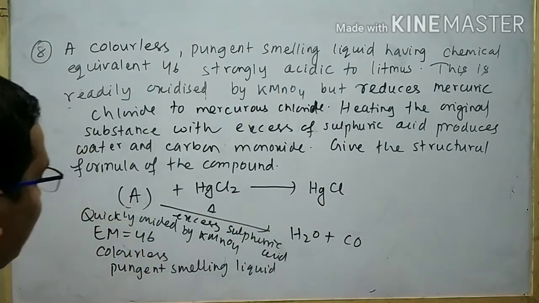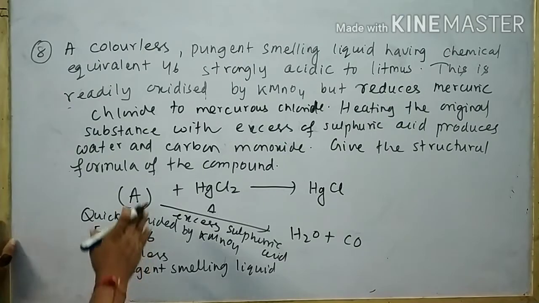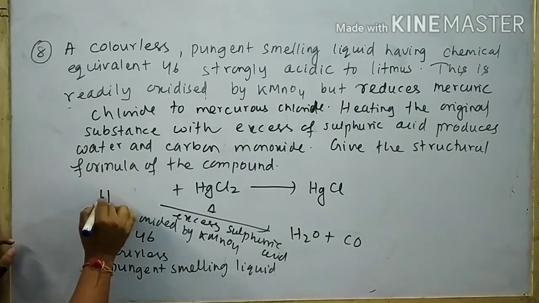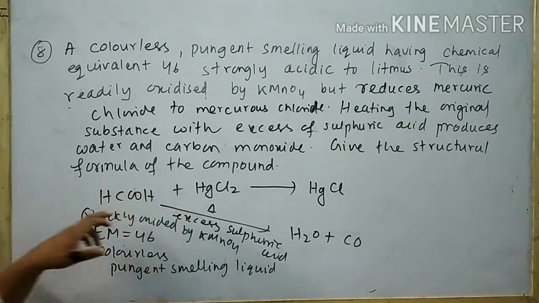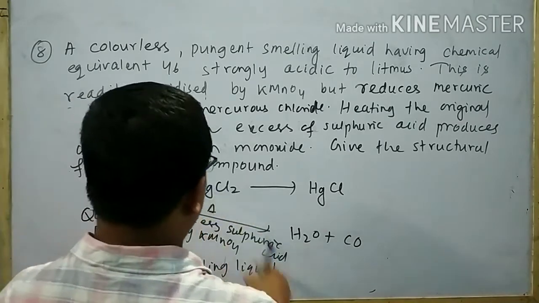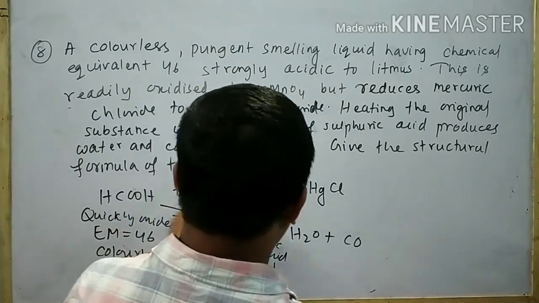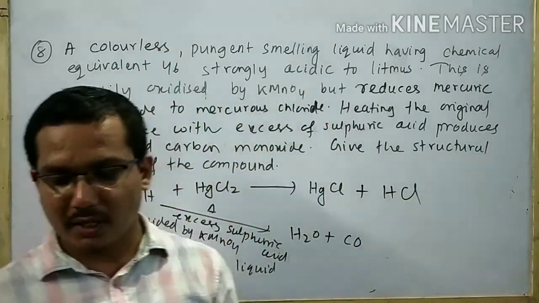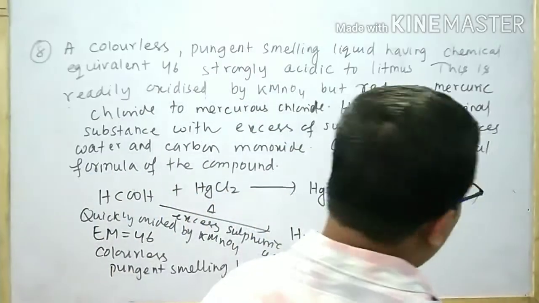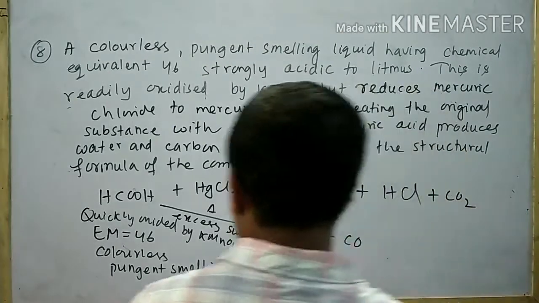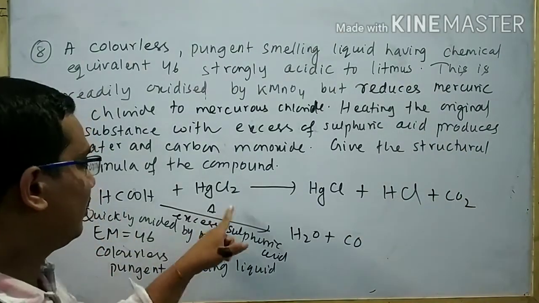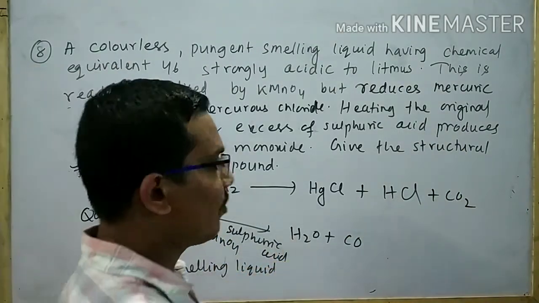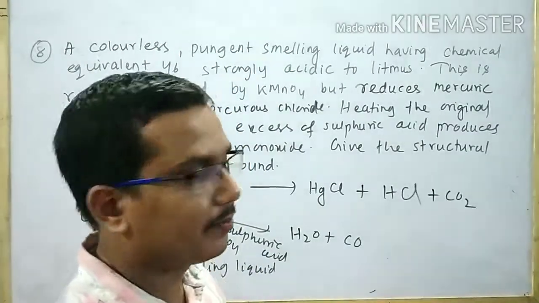This type of characteristic is generally shown by formic acid, HCOOH. When formic acid reacts with mercuric chloride, mercurous chloride and HCl are formed, and another byproduct, carbon dioxide, is formed. When formic acid is heated with excess sulfuric acid, water and carbon monoxide are formed.